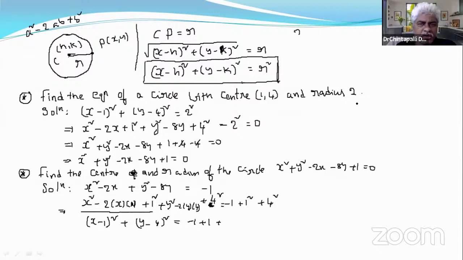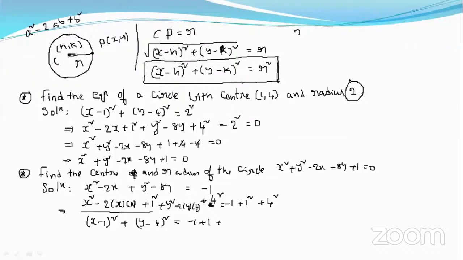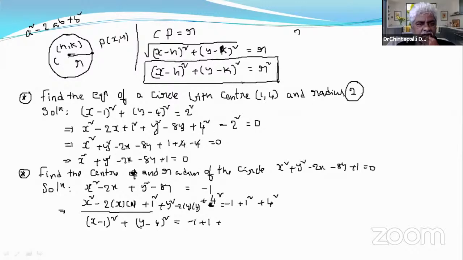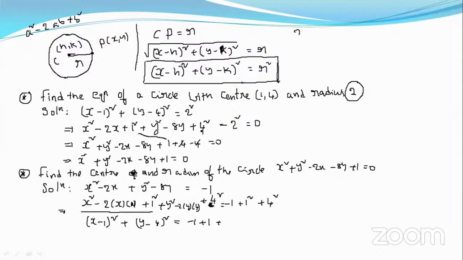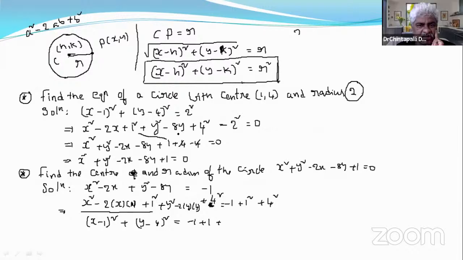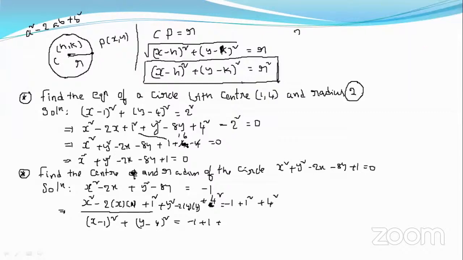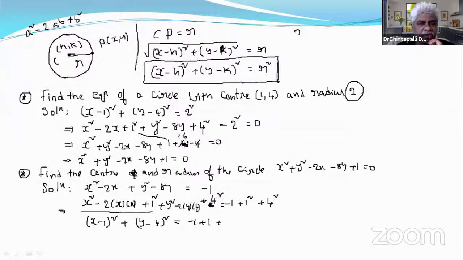We made a mistake there. Radius 2, right? Sorry, it's 2 only. It is 8y, (y minus 4) whole square, plus 4 square. See, it is 1 square, 1, okay? It is not 4 square 16. Now it is 1 plus 16, 17, 17 minus 4, 13.